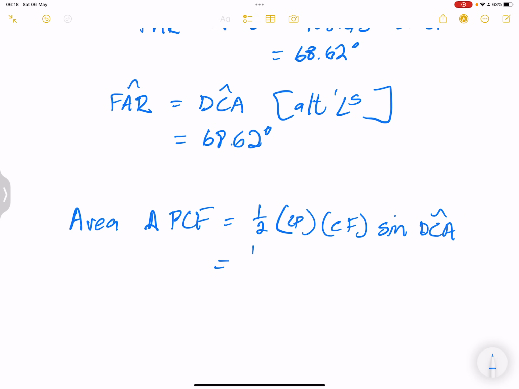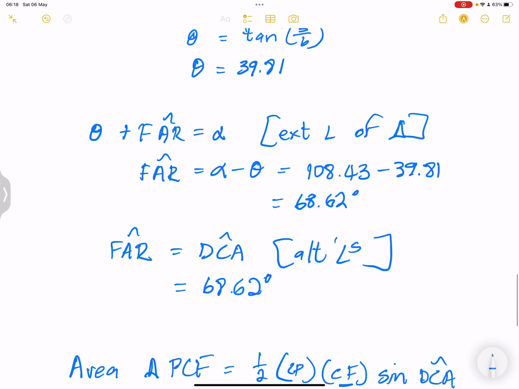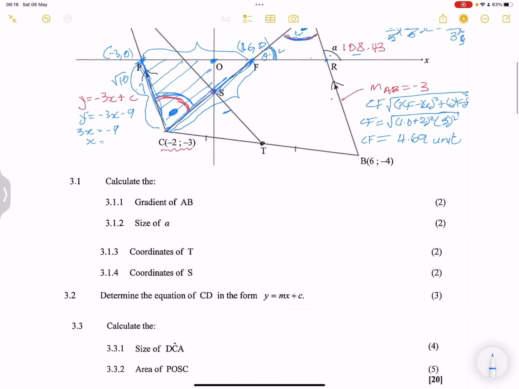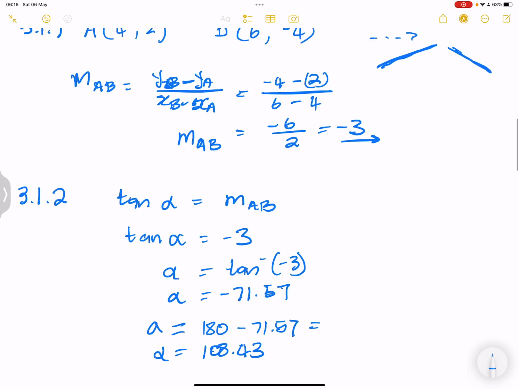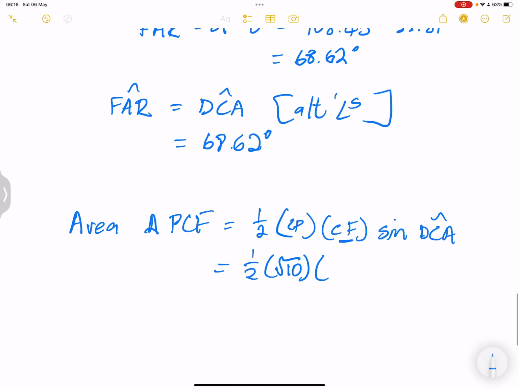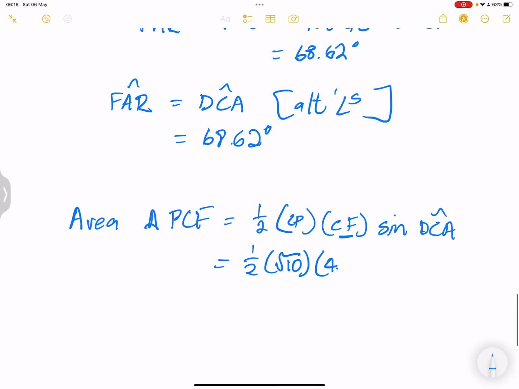So CP, we found that to be root 10. I'd really want to keep that in its surd form, but for the sake of time, 4.69. So we said that's 4.69, the sine of 68.62. Okay, 62.